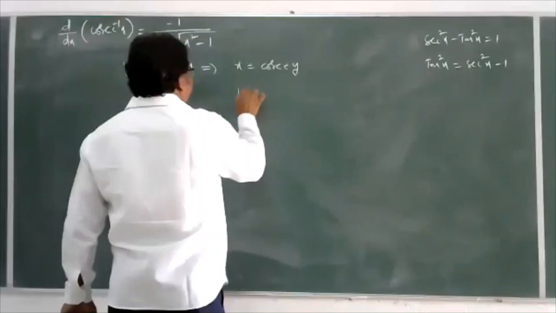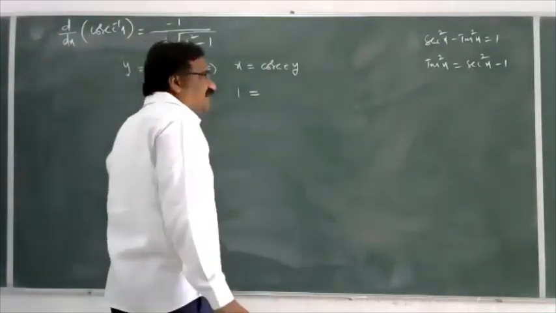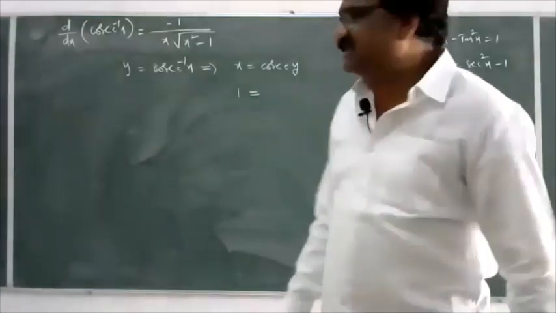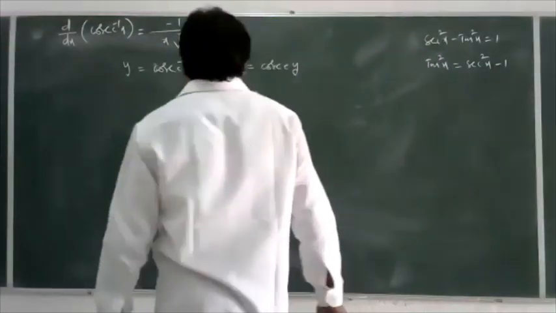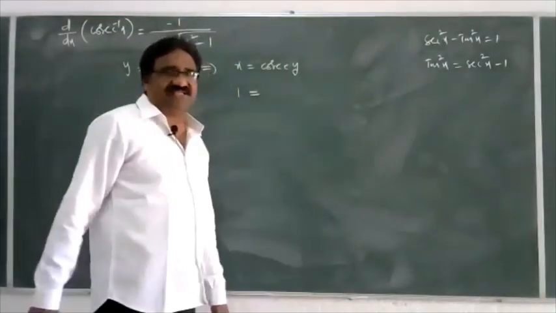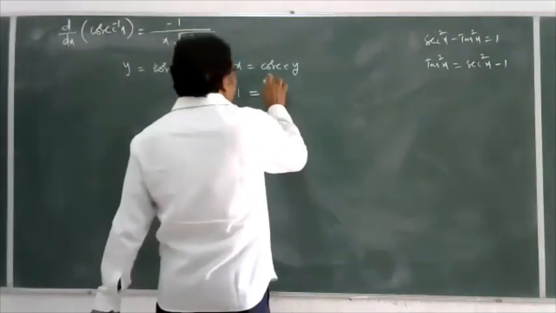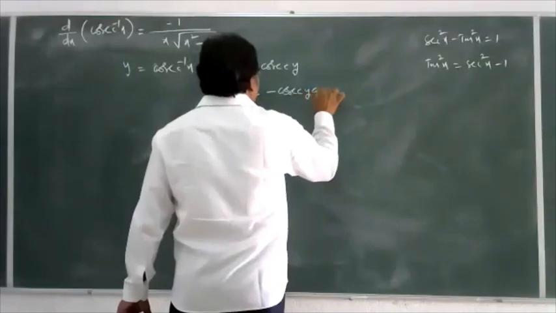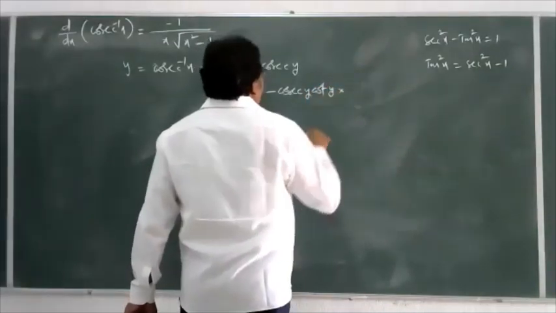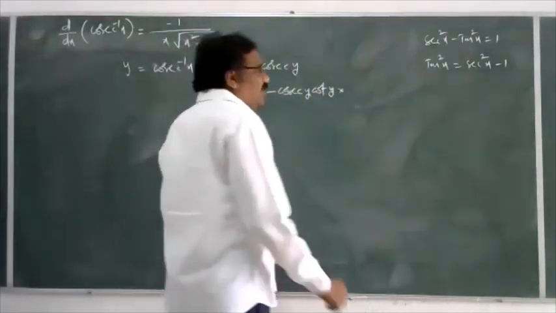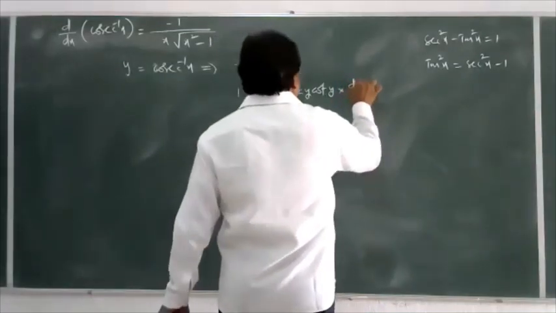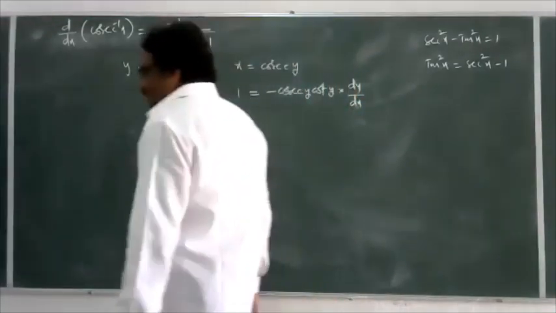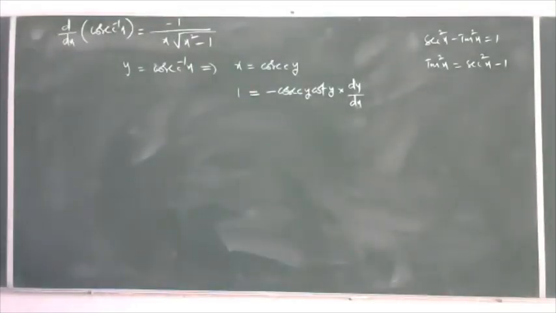That is, the x derivative is 1, and the cosecant x derivative formula is minus cosecant x into cot x. Here the cosecant y derivative is minus cosecant y into cot y, by using the chain rule, times the y derivative, the derivative of y with respect to x, which is dy by dx.